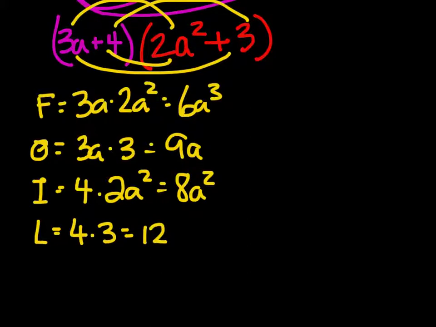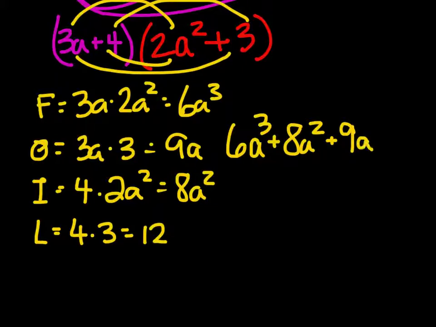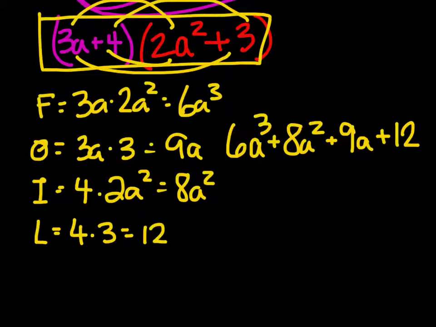If I were to rewrite all of this in standard form, going from biggest to smallest for exponents, 6a to the third plus 8a squared plus 9a plus 12. So this answer that I came up with, 3a plus 4 times 2a squared plus 3, is our final answer because we got the same original equation.